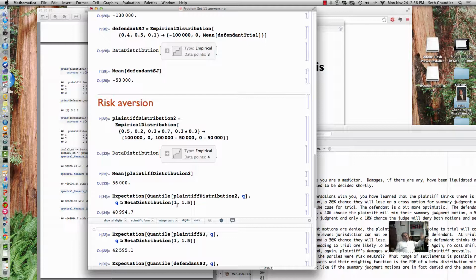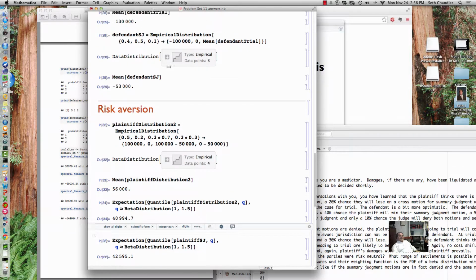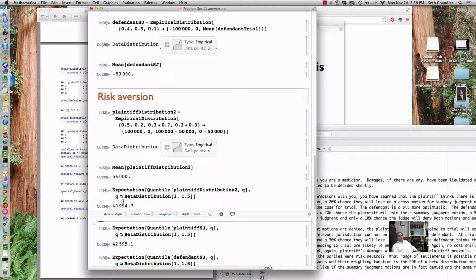And so you can now arbitrage the risk as plaintiff and sell your case and make some money, because the investors are basically saying this case is worth $56,000. They'll take an assignment of the claim. You're willing to sell it for anything over 41, and if that gap is big enough and transaction costs are small enough, you can make money by arbitraging the case.